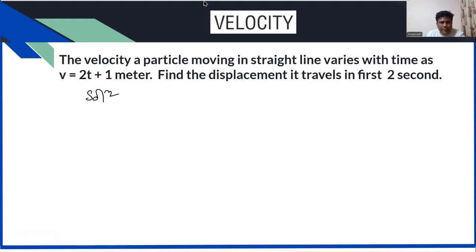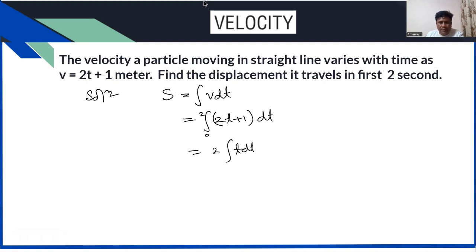Now what I do here, s is equal to integration of v dt, integration of (2t plus 1) dt from 0 to 2. So that is 2 times the integral of t dt plus the integral of dt, from 0 to 2. Directly I am putting it.